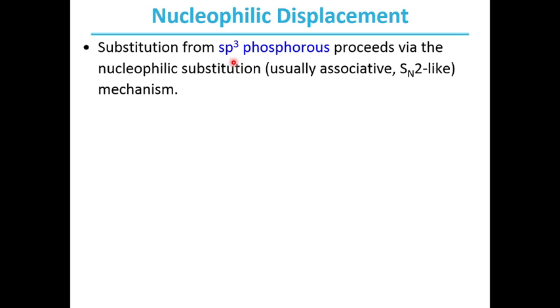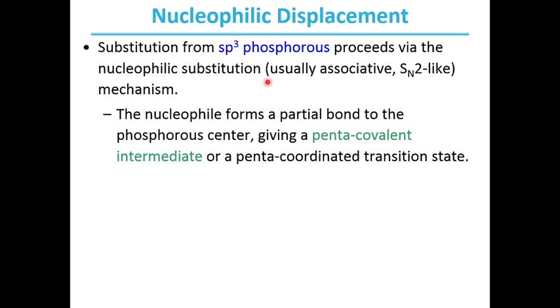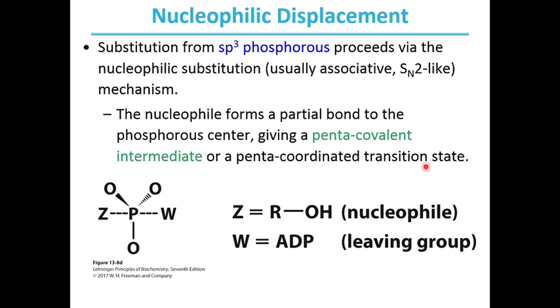Substitution at the sp3 hybridized phosphorus in a phosphoryl transfer reaction proceeds via nucleophilic substitution, which is usually an associative, SN2-like mechanism. The nucleophile forms a partial bond to the phosphorus center, giving a pentacovalent intermediate or a pentacoordinated transition state.